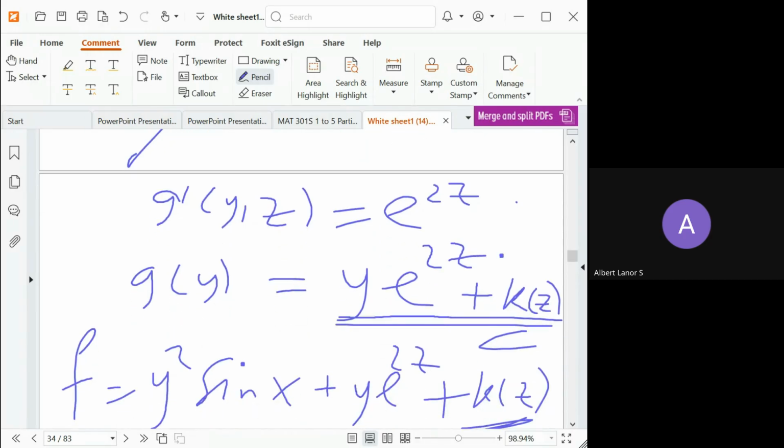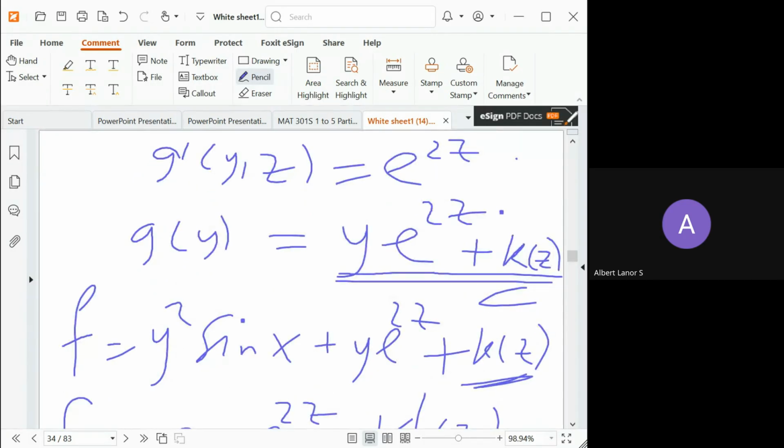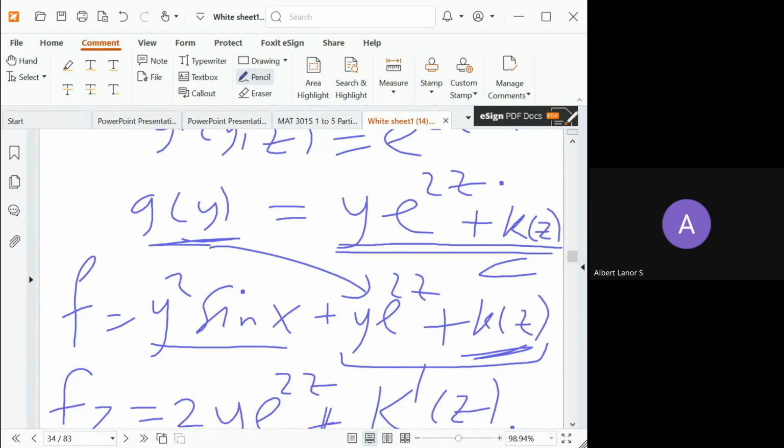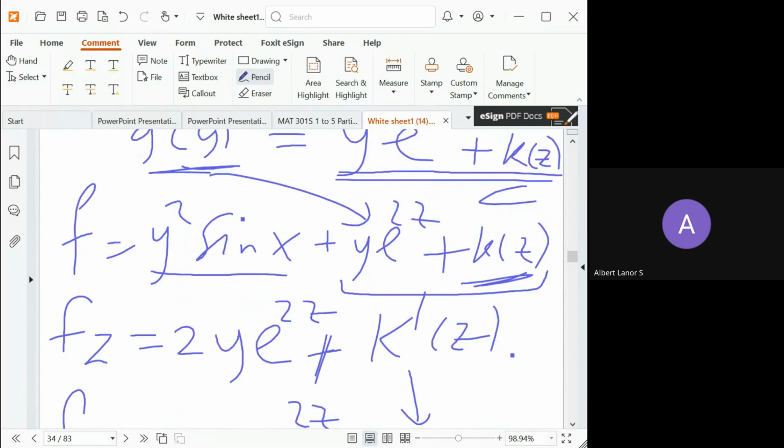So at this point, this is my g. Then I'll substitute it back. What is f? F is this value plus g of y. But I now know that g of y is this thing, so I'll substitute it for all of this. Now, at this point, I have the f. So I have two terms for f plus a constant in z only.